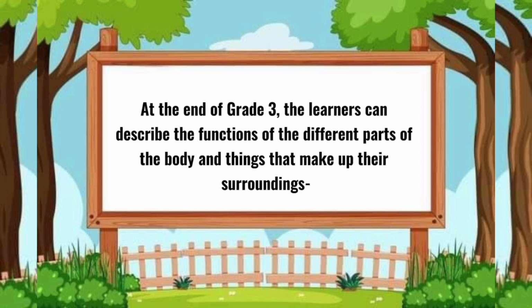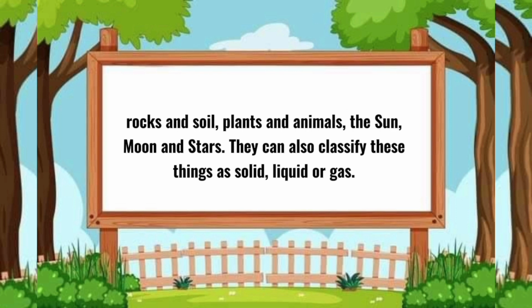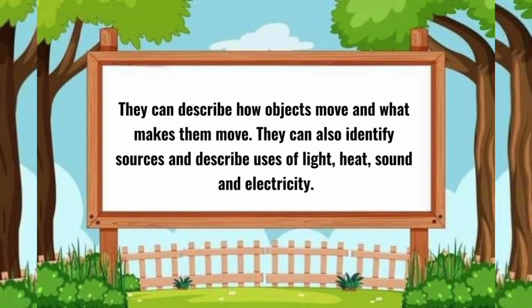And lastly, at the end of grade 3, the learners can describe the function of the different parts of the body and things that make up their surroundings, such as rocks and soil, plants and animals, the sun, moon, and stars. They can also classify these things as solid, liquid, or gas. They can describe how objects move and what makes them move.